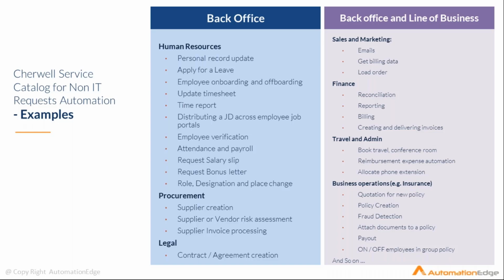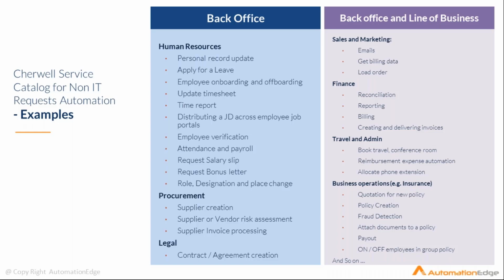In the same way, a procurement department may have requests about supplier creation or invoice processing, which they can raise through the service desk, and it can get resolved through automation. Similarly for sales, it may be about loading an order.